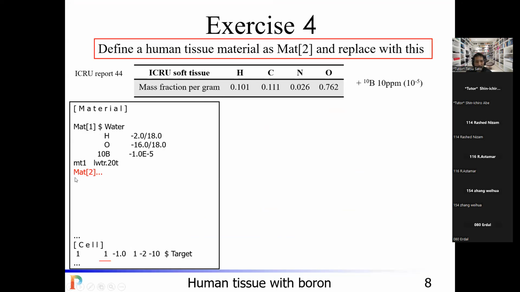So let's define material 2 with this ratio plus boron 10 ppm and change the material from water to tissue material. Okay, so let's do this exercise.